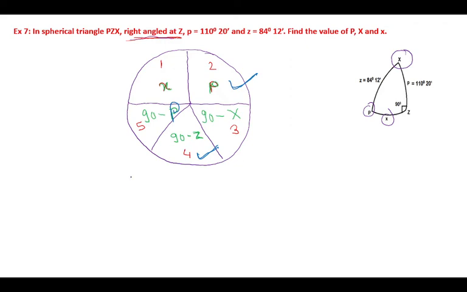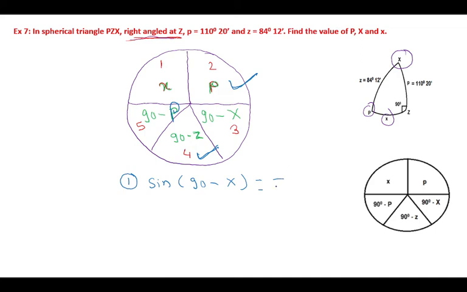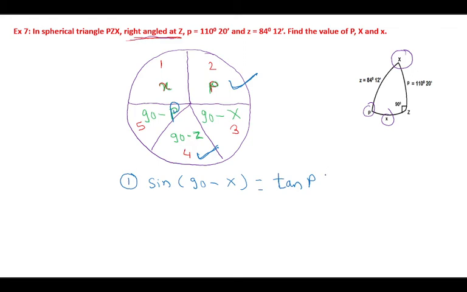So the first one we can use is sine of 90 minus X is equal to tan of p into tan of 90 minus z.